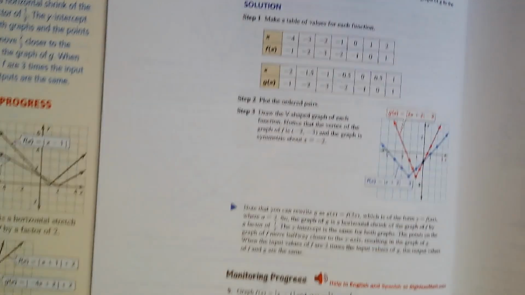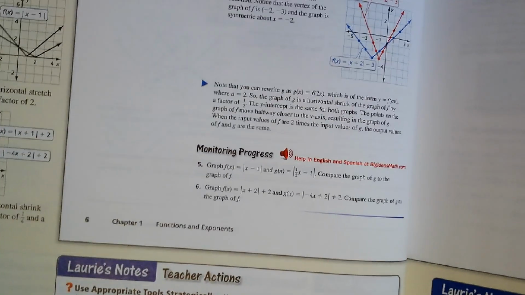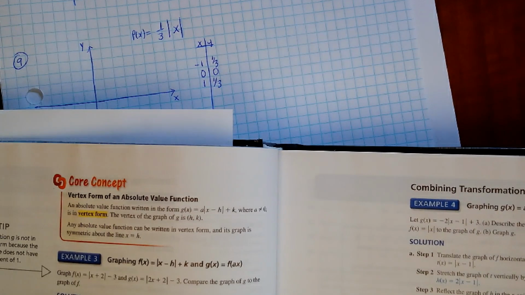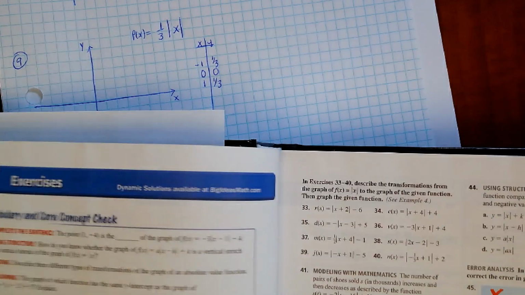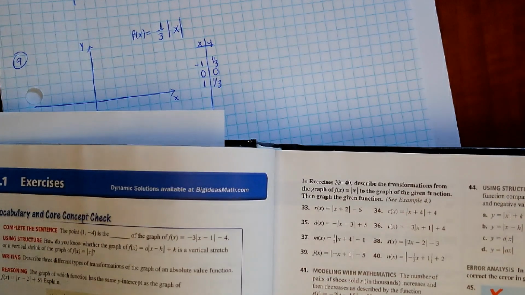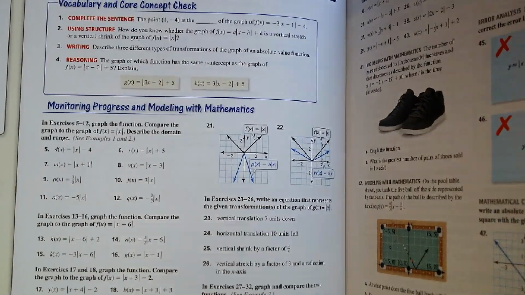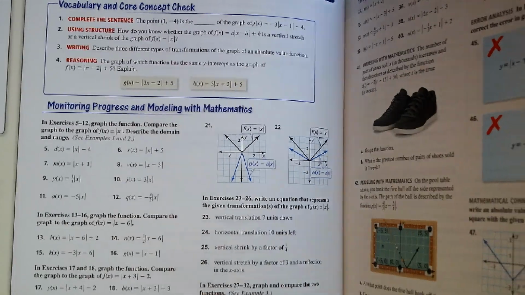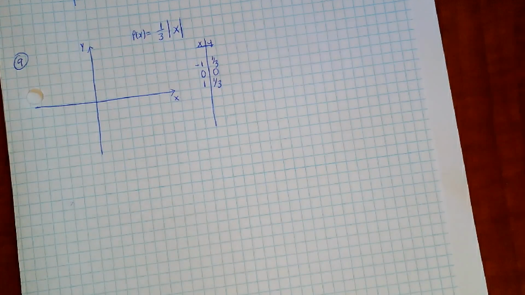You may not know this until you read everything on page 6 and page 7. Then on page 8, it asks you to draw these graphs and compare them to the parent function and describe the domain and range.